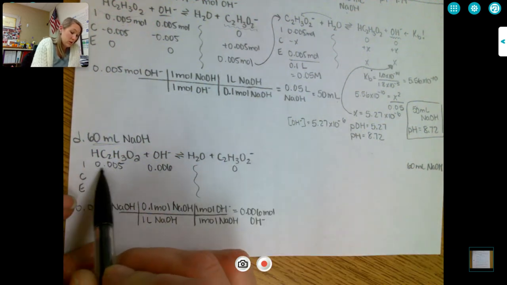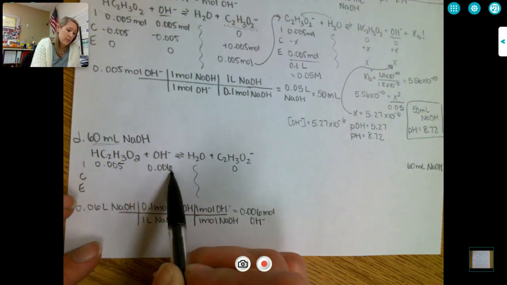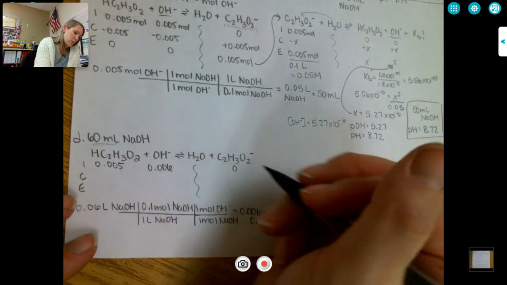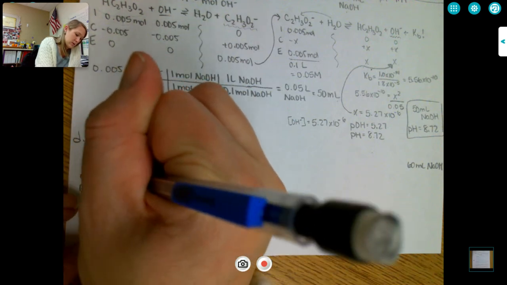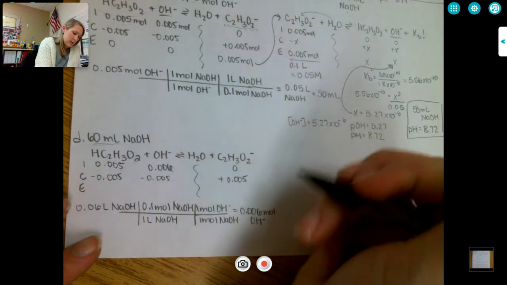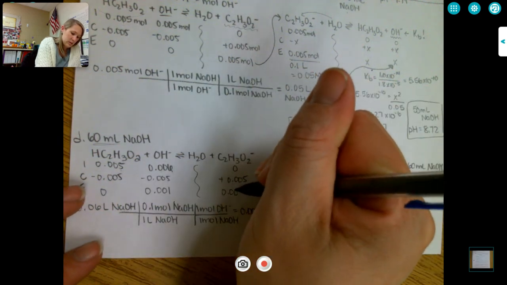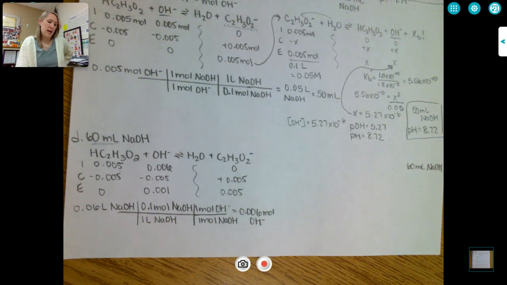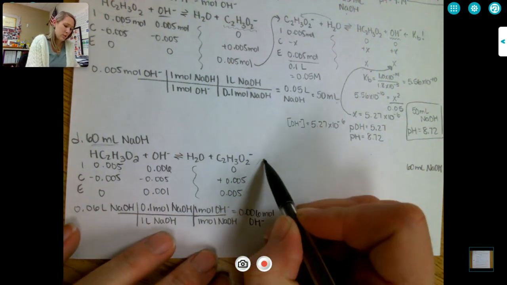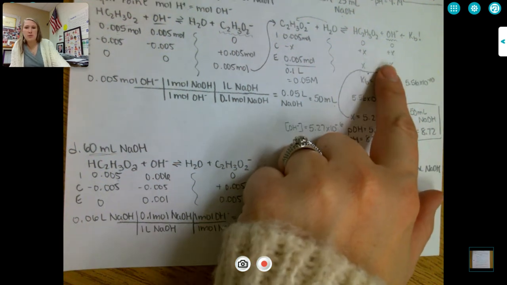So let's see, we are going to have all of our acetic acid get used up. And we'll still have some leftover hydroxide, which makes sense because now we're past the equivalence point. We're in basic territory. So minus 0.005, minus 0.005, plus 0.005, 0.001, and 0.005. Now, we could look at another reaction here of our conjugate base reacting with water, which would produce more hydroxide ions, just like how we did up here.